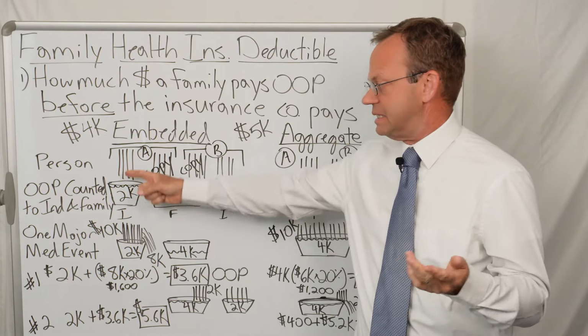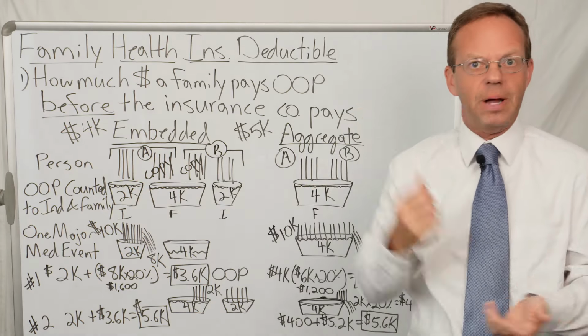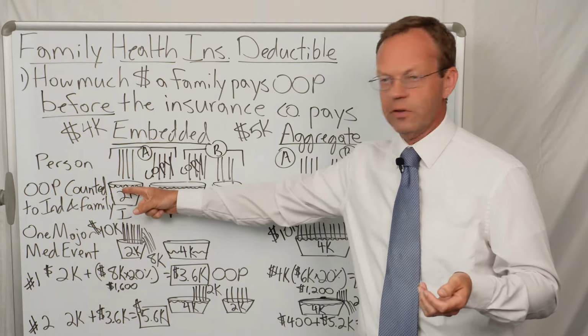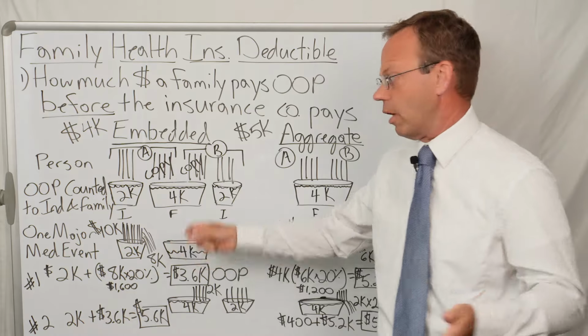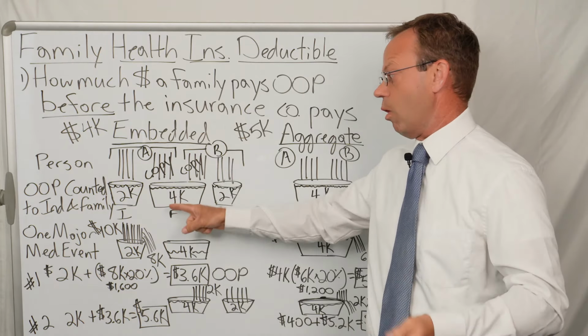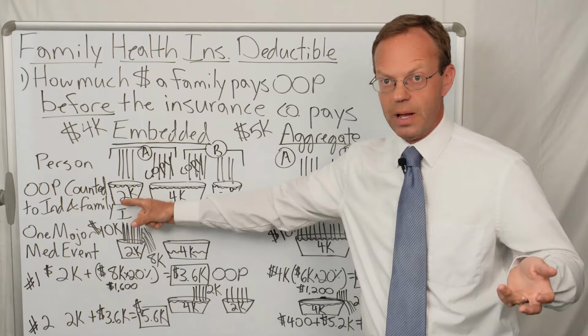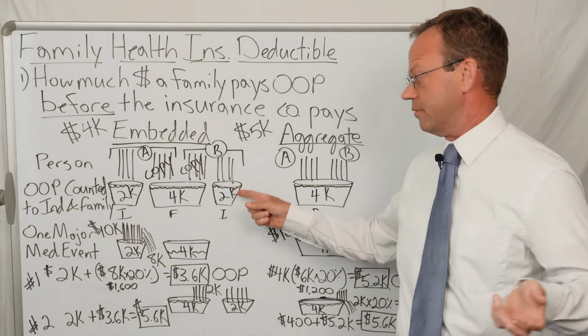What that means is, you can think of it like buckets, filling up water in a bucket. One person has $2,000 worth of medical bills, that fills up the bucket, and then you copy and paste that water also into the family deductible. You put the $2,000 in the individual's bucket and you put the $2,000 in the big family bucket in the middle. Same thing for person number two.